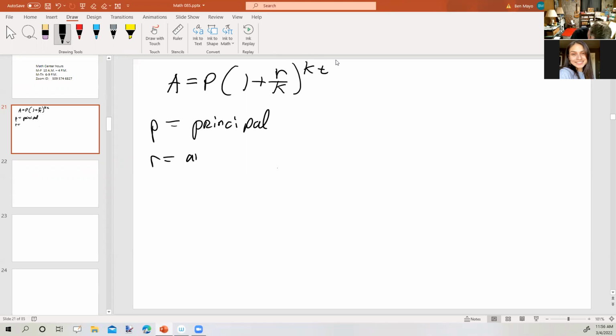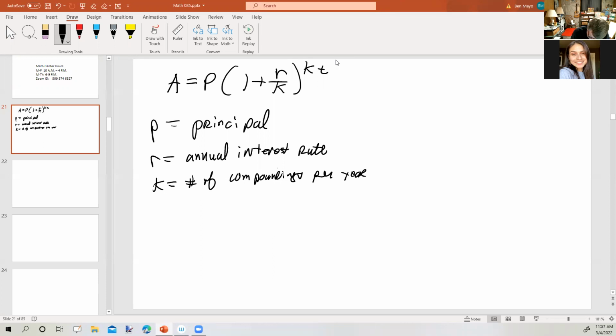R stands for the annual interest rate. K stands for the number of compoundings per year, and T stands for time in years.